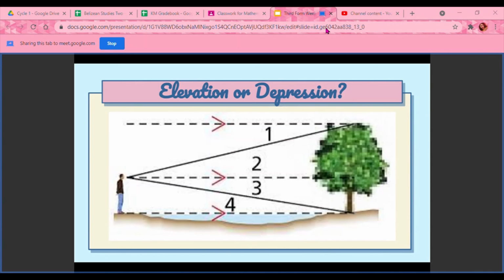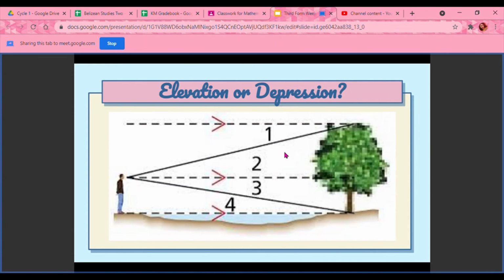Some of you were not paying attention. Your answer should have been number 1 and number 3, because the angles are looking down, right? You have to see the angles that are looking down. So the angles are in the corners, right? Again, I'm going to repeat.